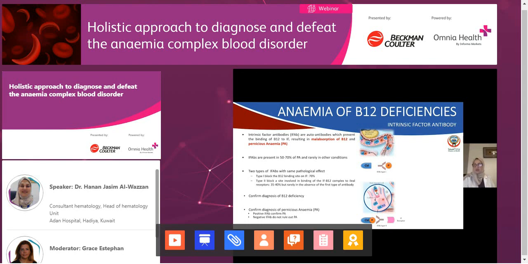The antibody has very high specificity and sensitivity, and the presence of the antibodies and low B12 will confirm the diagnosis of pernicious anemia.